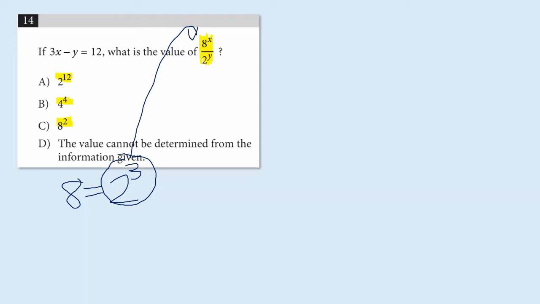So let's rewrite the equation. I'm going to have 2 to the third, we're just substituting that in for 8, to the x power, that stays the same, and the denominator is going to stay the same. So that's 2 to the y power.